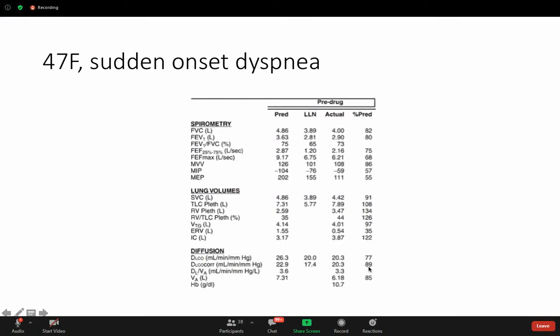It's 89%. So this DLCO of 77 is not corrected, but the corrected one is 89%. They corrected for a lot of factors, the most important one is the hemoglobin. When do I say it's larger or smaller? Well, if you have the lower limit of normal, that's the best one to use. If not, you have to use your common sense.